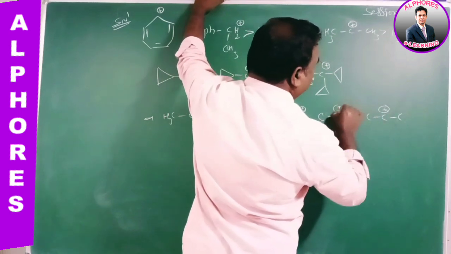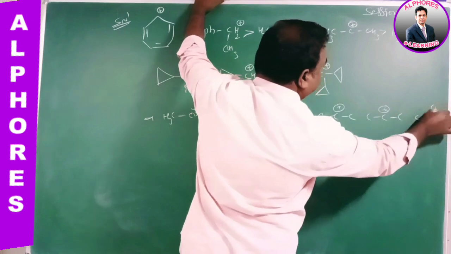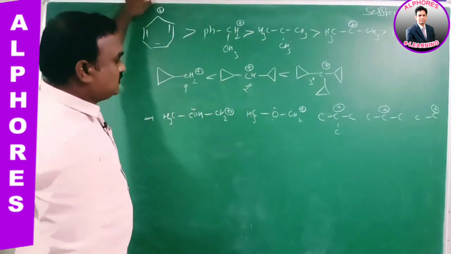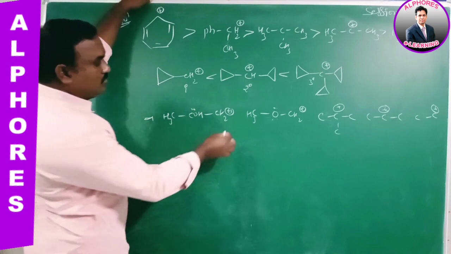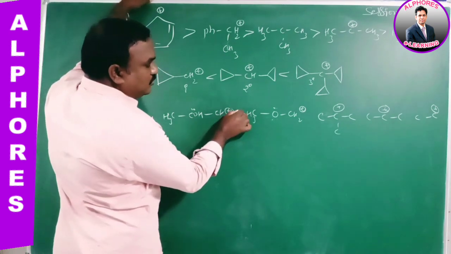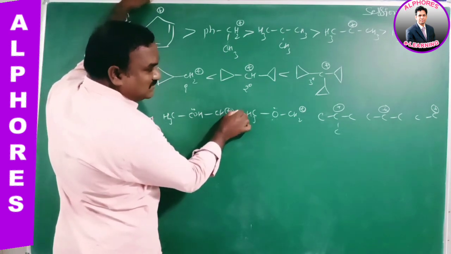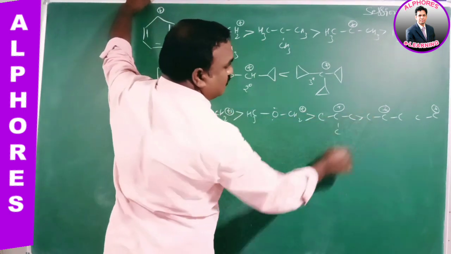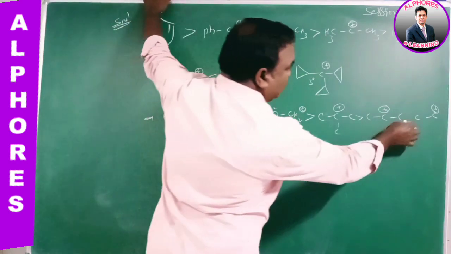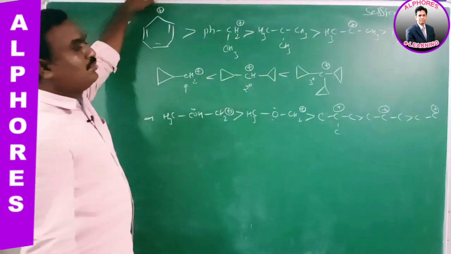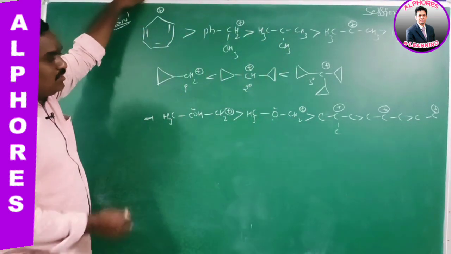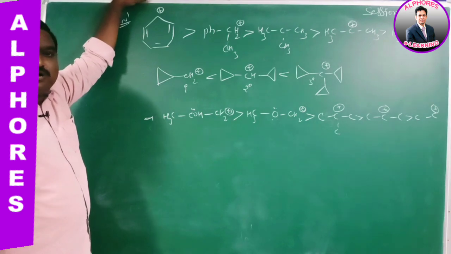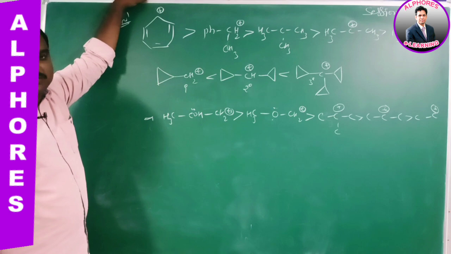Here a primary carbocation is given. Which is more stable? This one is more stable, which means reactivity is more. When compared to this one, reactivity is more here. This is the way to write the unimolecular nucleophilic substitution reactivity order.